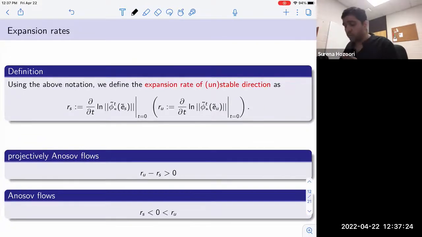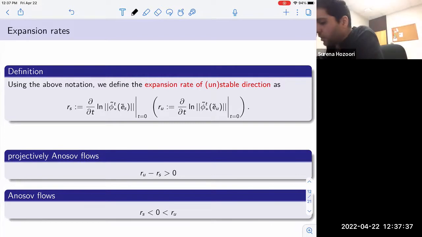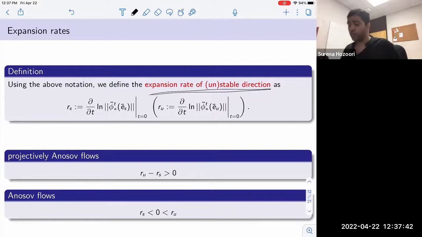In order to see how that works, I'm going to give you a very natural definition. Using the above definition, we can basically measure, in terms of calculus, the expansion rate in the stable and unstable directions. So we define RS as the derivative of the length of the vector in ES as it grows under the flow. So we're just differentiating how fast that vector is growing.